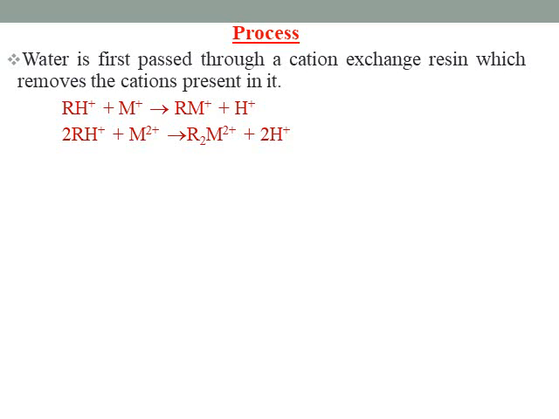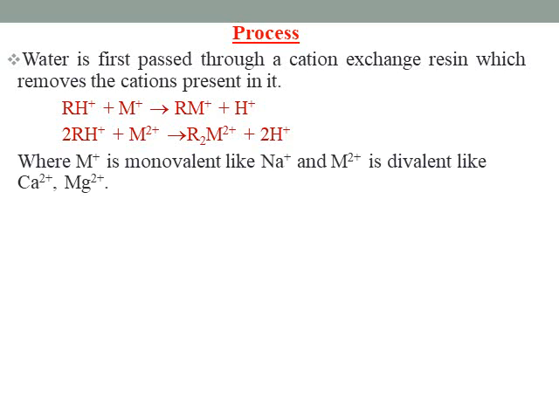Divalent cations also react with 2 moles of RH, giving rise to R2M, releasing 2 moles of H plus into the solution. Now, this water is free from all the cations, but it contains anions. Here M plus is a monovalent cation like sodium plus, and M2 plus is a divalent cation like calcium 2 plus, magnesium 2 plus, etc.